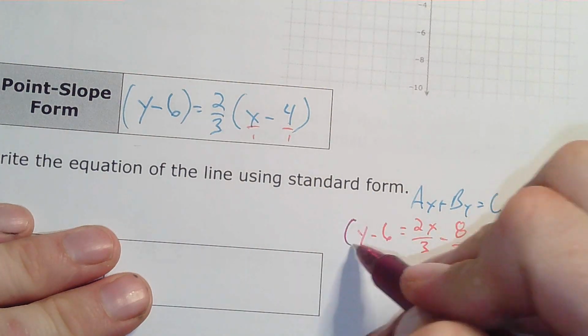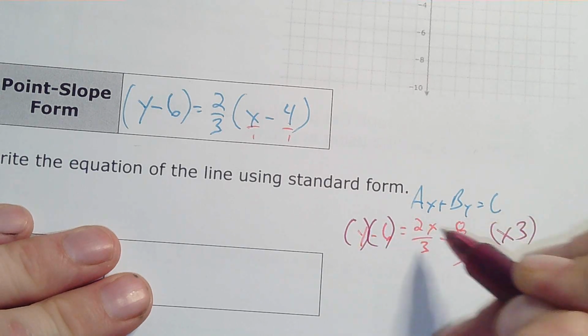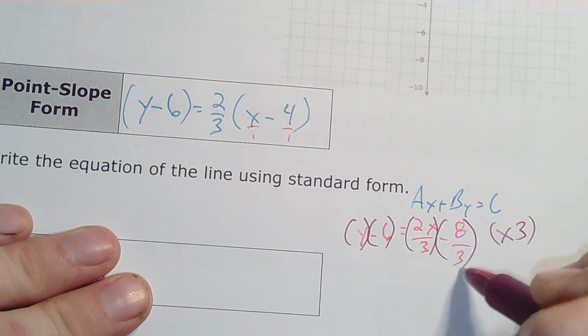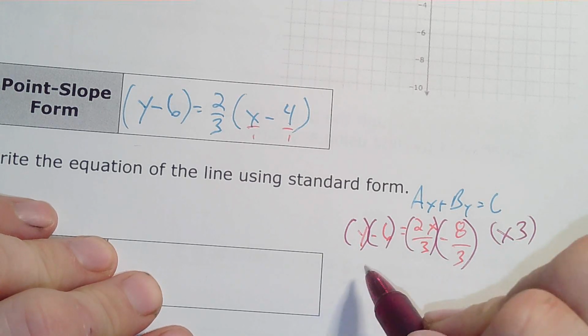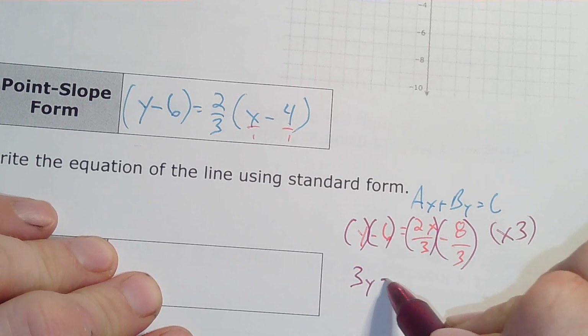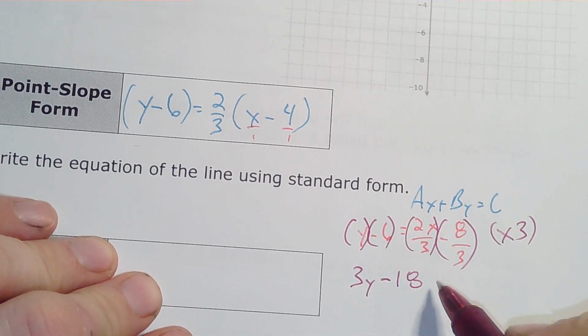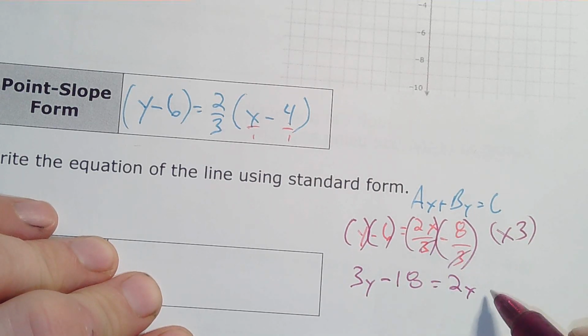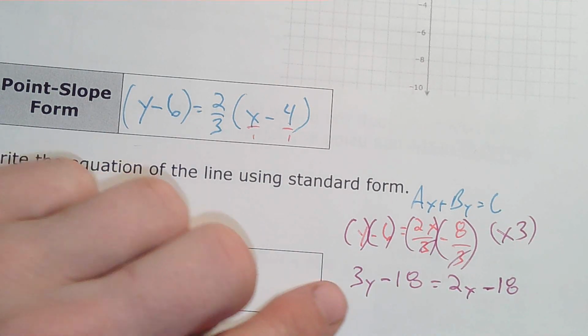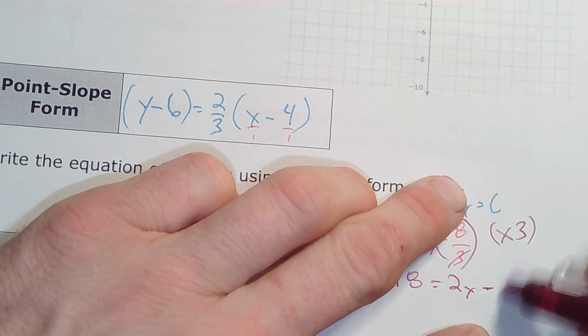We're going to multiply that by 3, that by 3, that term by 3, and that term by 3. All right, giving me 3y minus 18 equals, the 3's cancel out, so 2x, and then minus 18 again. No, that's not right, minus 24.